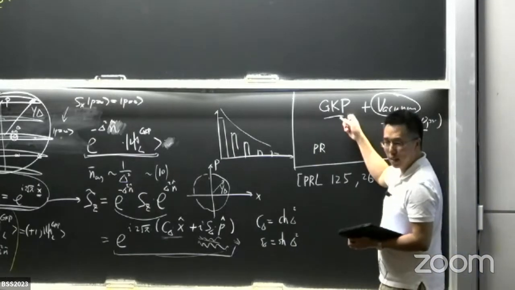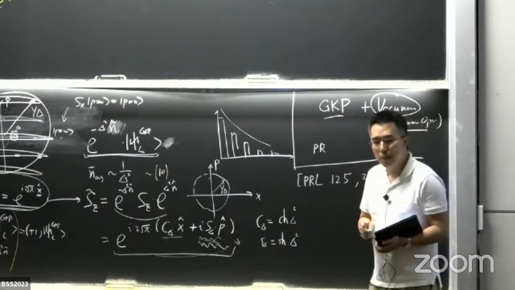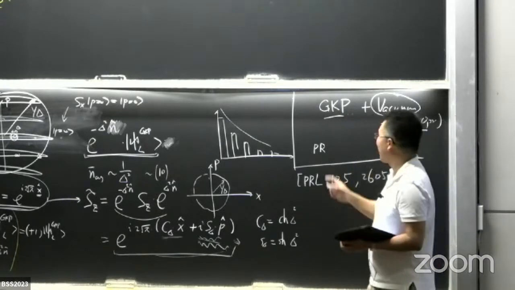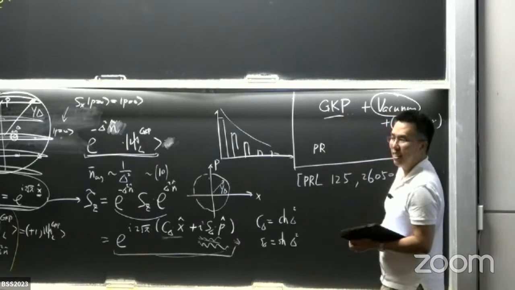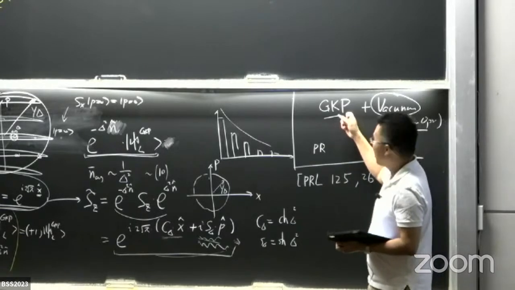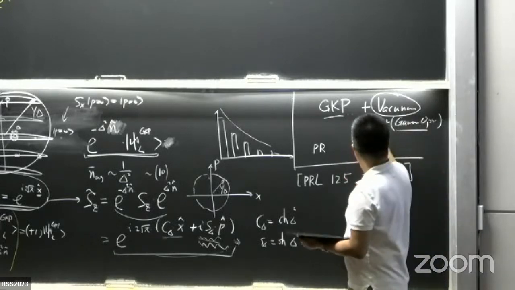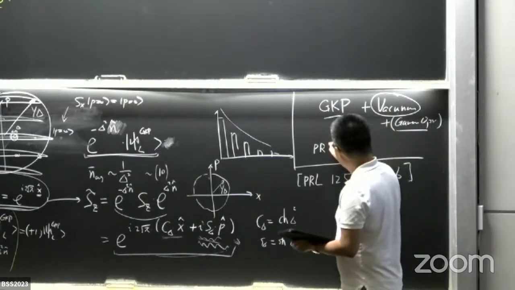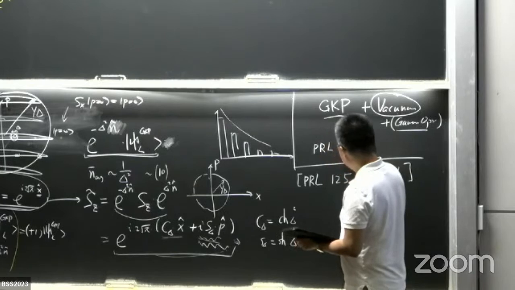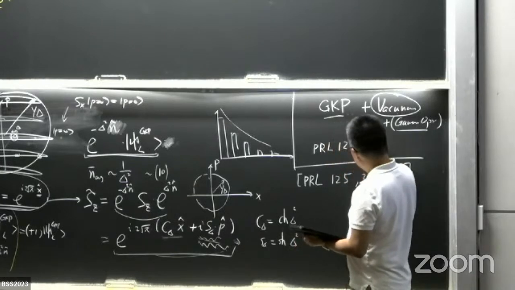So all we need is just the one ingredient, the GKP states, even though it's highly non-trivial to prepare. But at least nowadays people can demonstrate the GKP state prepared in the microwave domain. Okay, so this claim about universal computing with the GKP states is in this reference.